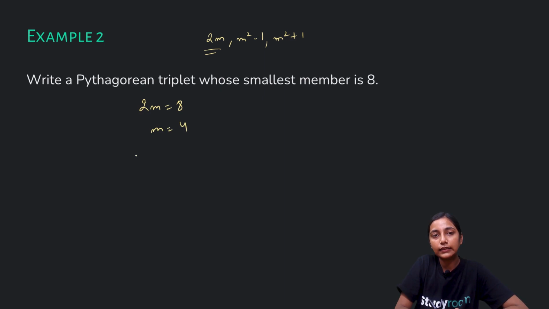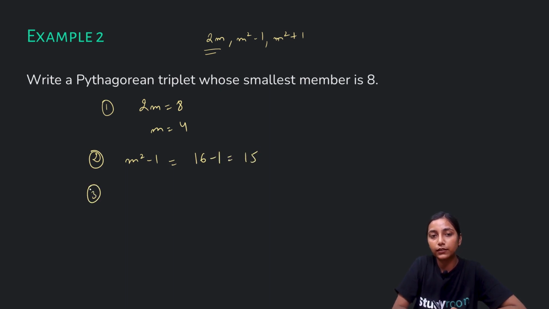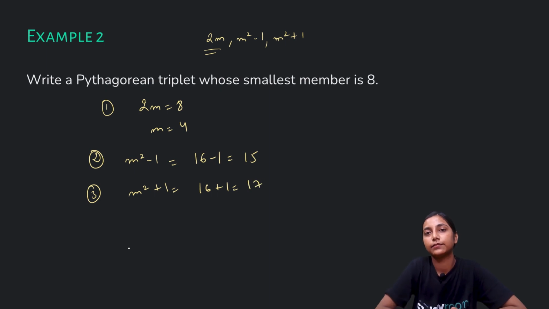What will be the other members of the Pythagorean triplet? The second will be m square minus 1, that is 4 square, that is 16 minus 1, which is 15. And what will be the third one? The third one is going to be m square plus 1, that is m square again 16 plus 1, that is 17.